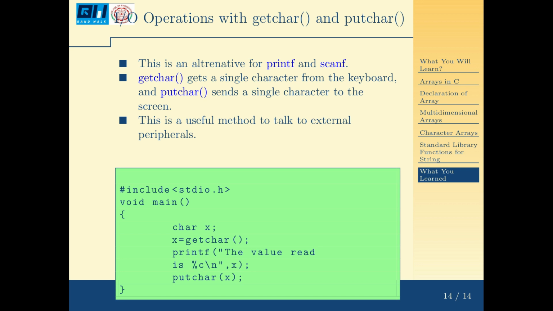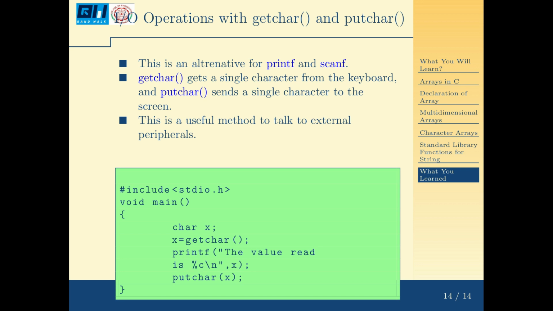I have some alternate functions like getchar and putchar. Usually getchar gets a single character from the keyboard, and putchar sends a single character to the screen. So this is a useful method to talk to external peripherals. I told you C is primarily used for talking with the hardware.